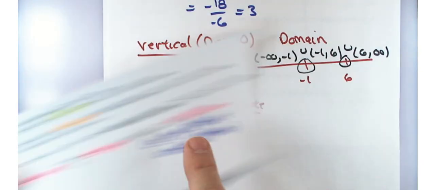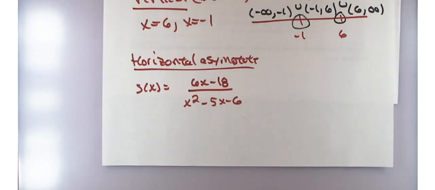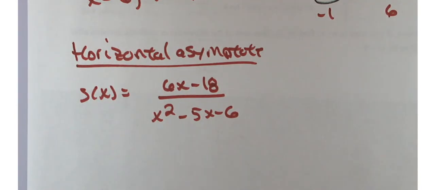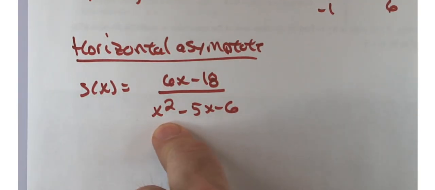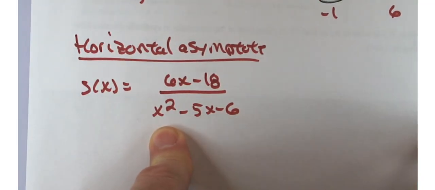Let's take a look at the degree of the numerator. What's the degree of the numerator here? 1. And the degree of the denominator is 2. So since the degree of the numerator is less than the degree of the denominator, eventually this graph is going to go to 0. It's just that simple.